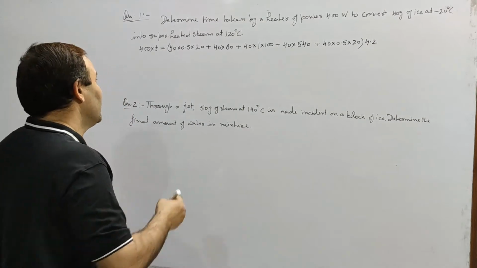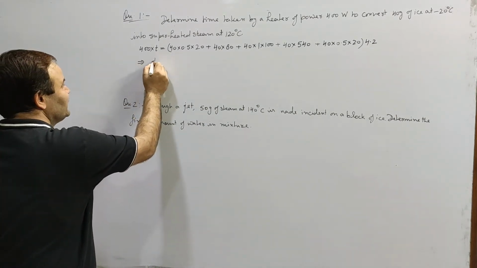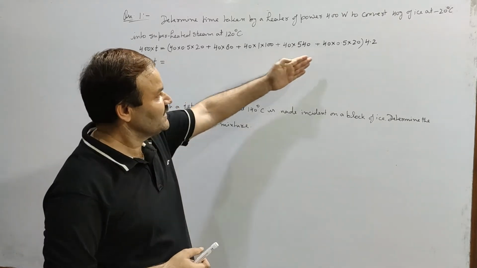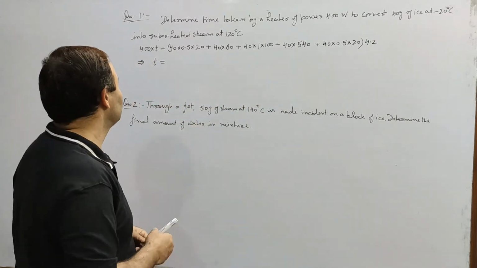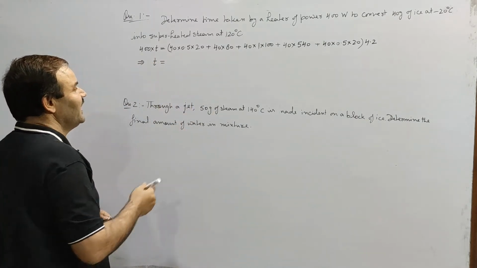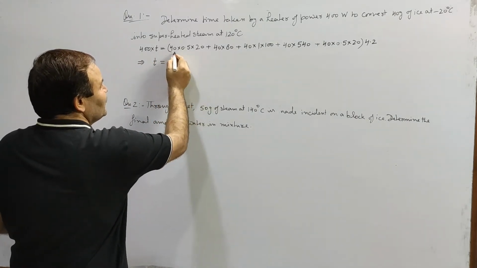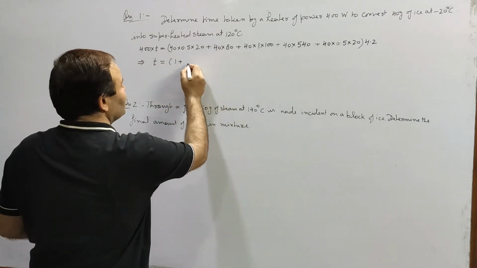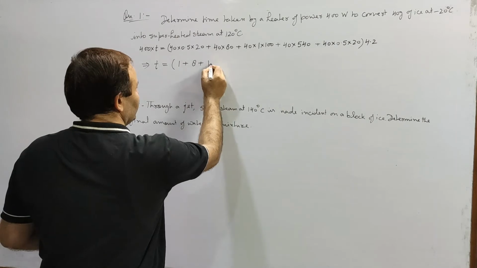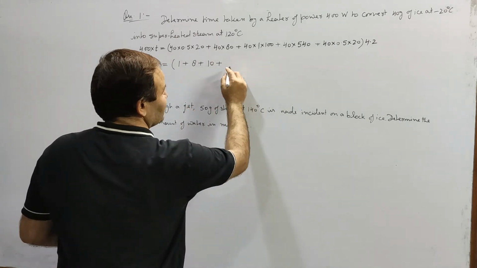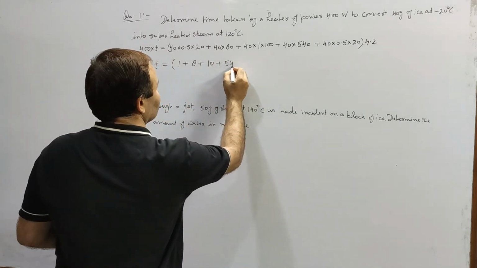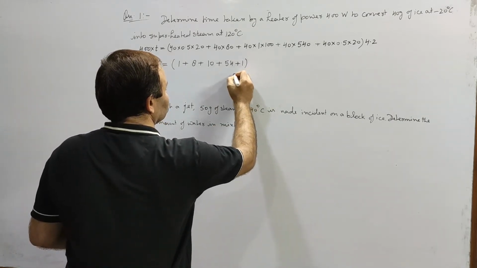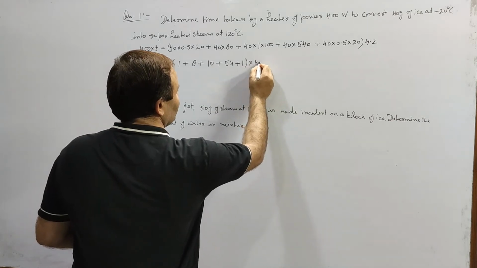Now this implies T is equal to, we can see that 400 can be taken as common from all these terms, so 400 will get cancelled, and we will get 1 plus 8 plus 10 plus 54 plus 1 into 4.2.